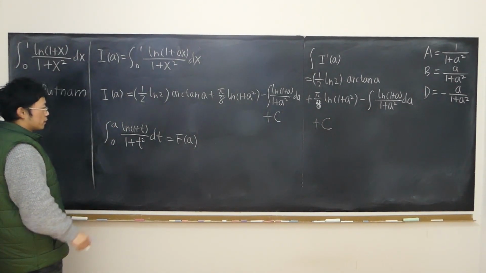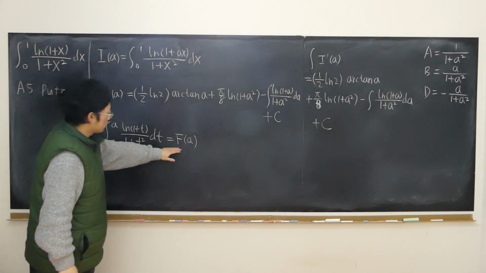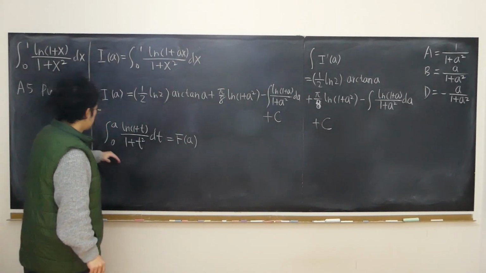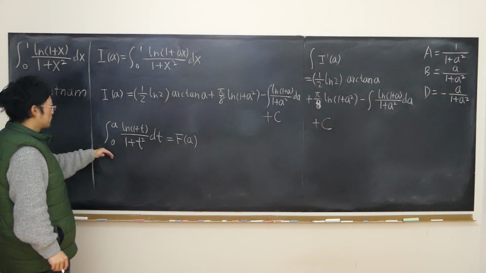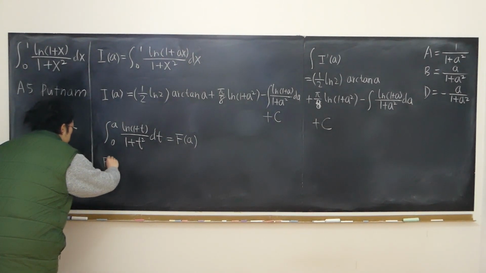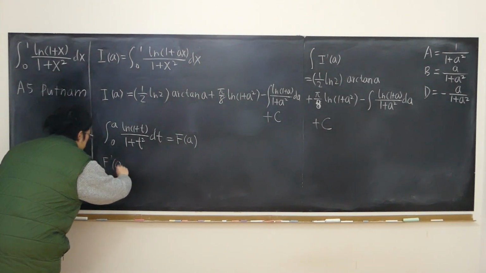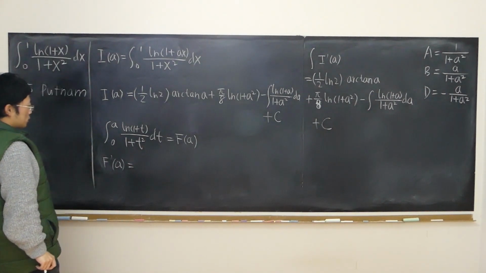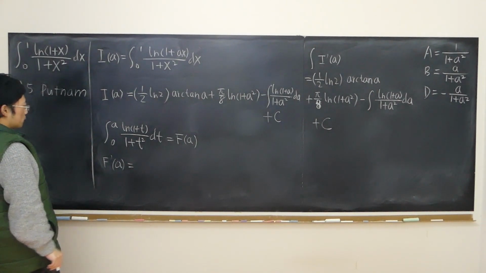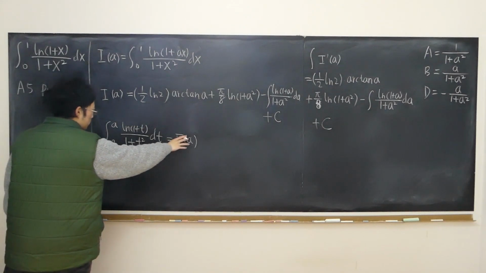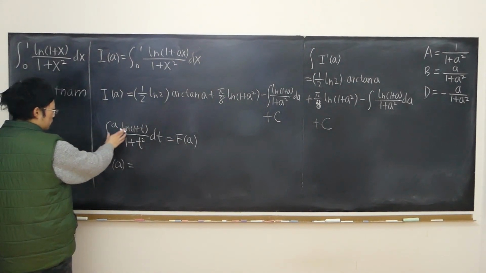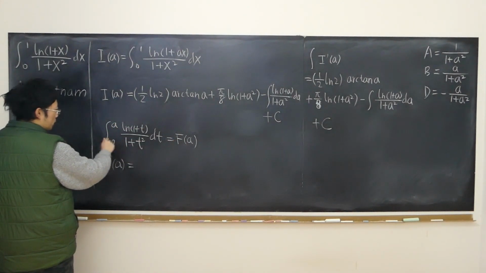Now, if we differentiate with respect to little a, capital F dash a, what will happen? Well, according to the fundamental theorem of calculus, this derivative is actually the integrand when we replace t with a.